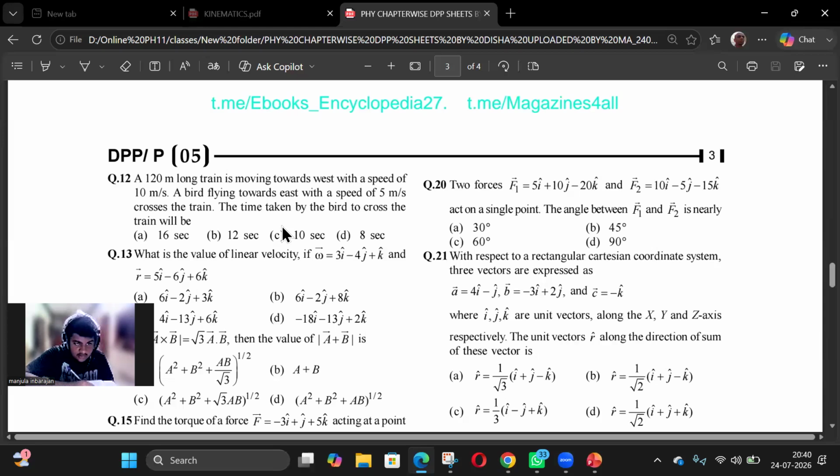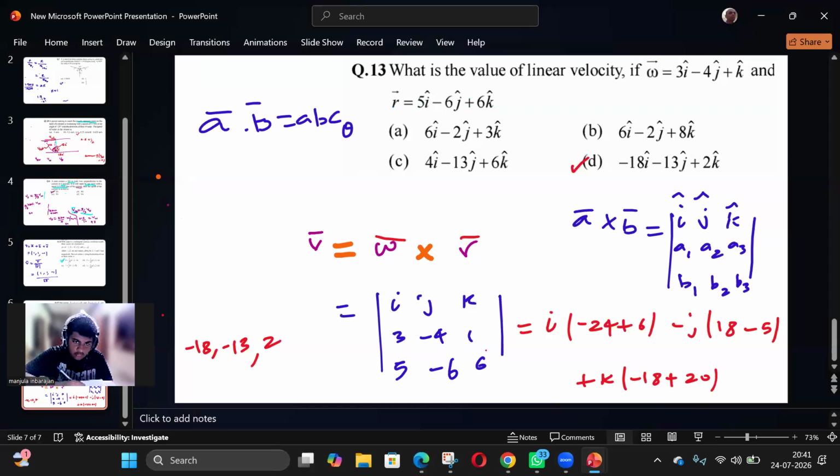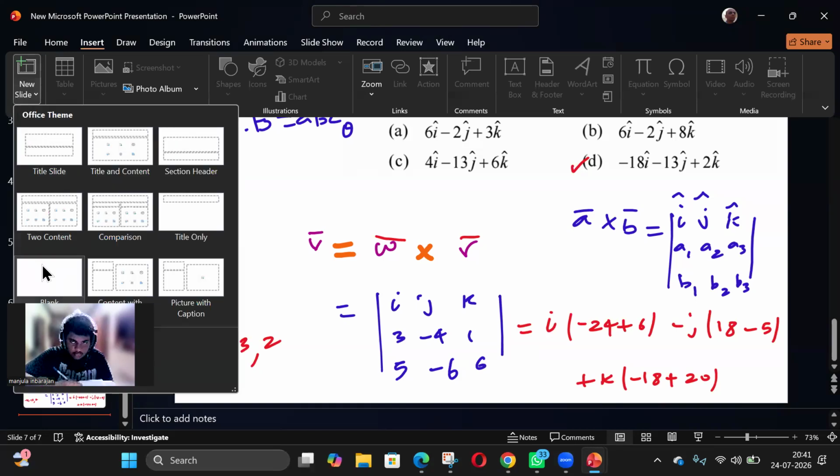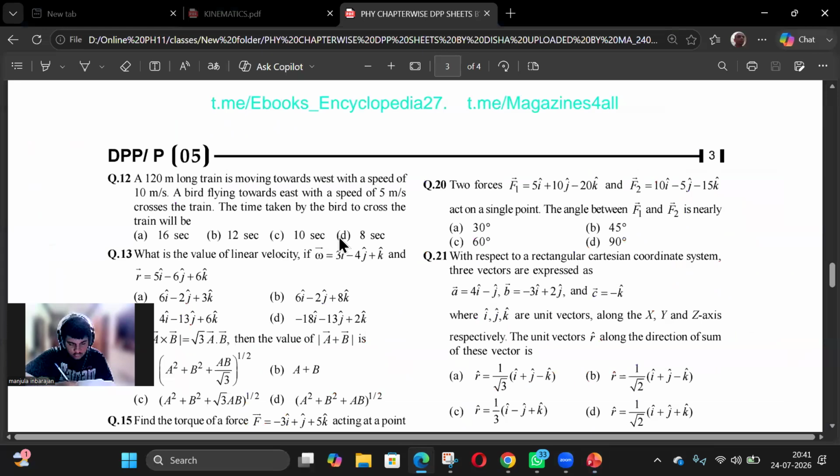Then speed is 120 by 15. Check the answer. D, 8 meter per second, 8 seconds.